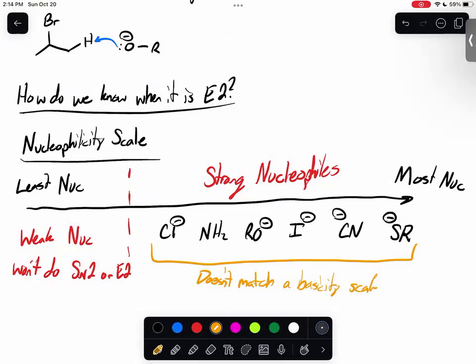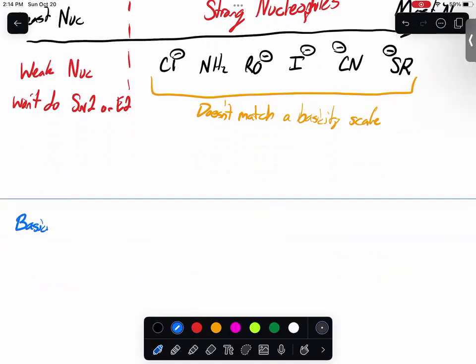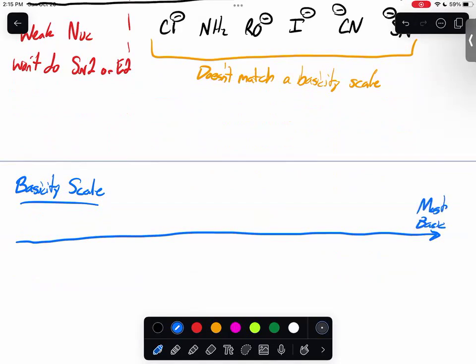Rather, if we were to do that, we would find some interesting trends. Because thinking about a basicity scale, which we'll do in blue here, going from least basic to most basic, this is practically our pKa table. But the thing is, with nucleophilicity, remember we talk a lot about our negatively charged things being strong.